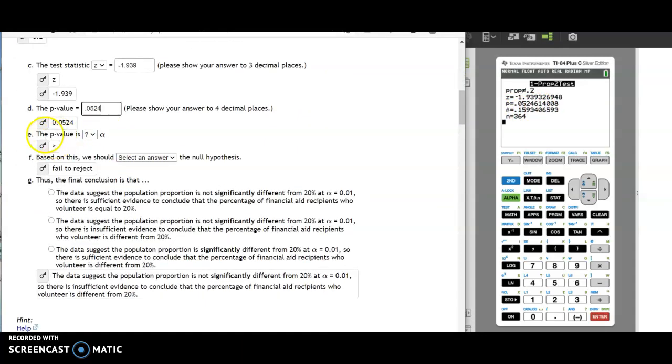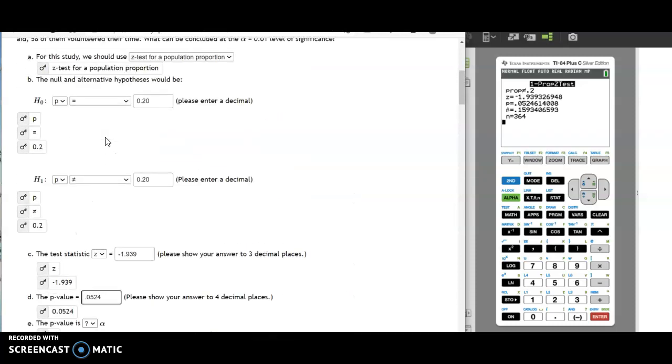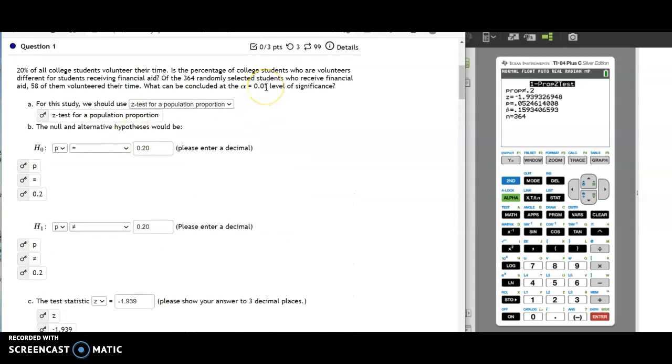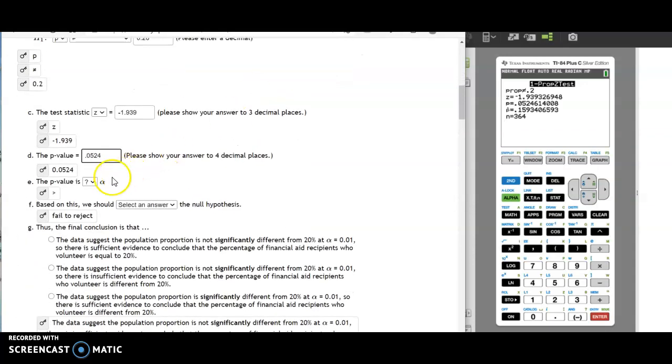All right, so now they're doing the methods of trying to figure out what the answer is. So they're saying your p-value, we're going to compare it to alpha. So alpha, let's look back on the problem, is 0.01. Okay, I always think small means reject. That's what I try to keep in mind. The p-value is a probability. In this case, it's about 5%.